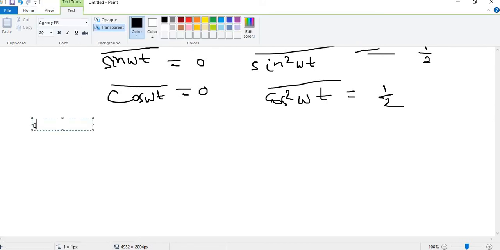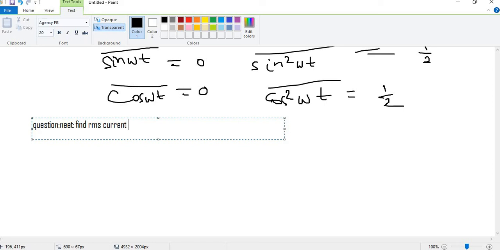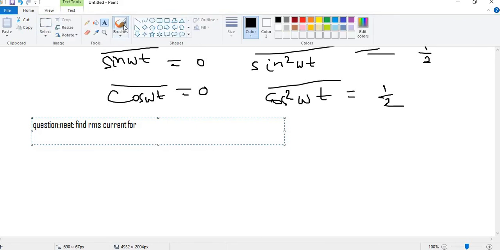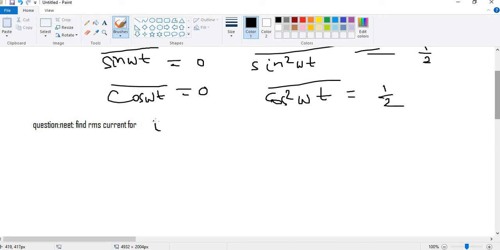Now we are going to solve one question that came in the NEET. The question is: find the RMS current for I is equal to I naught sine omega t.